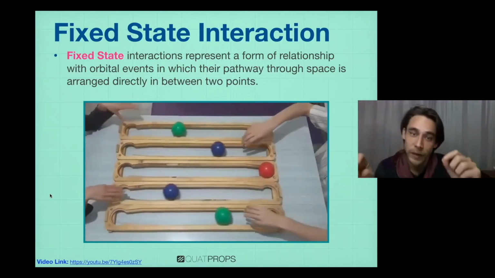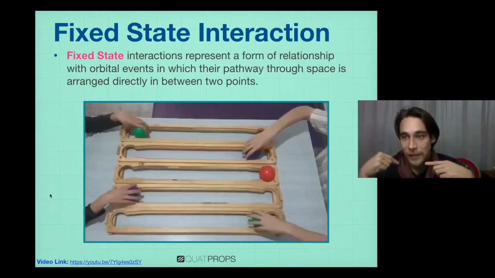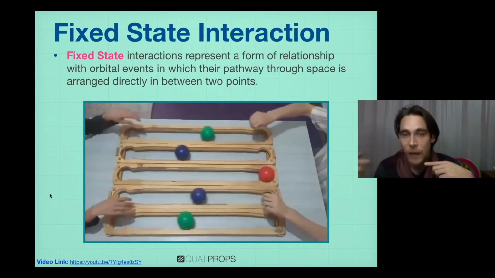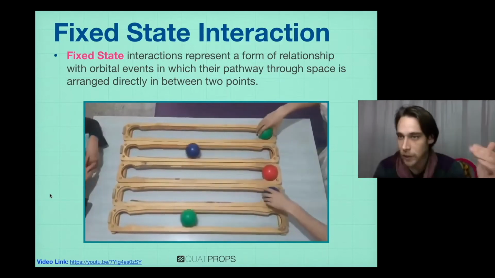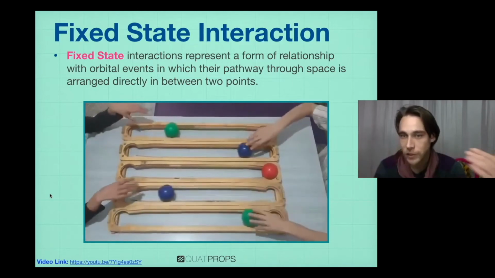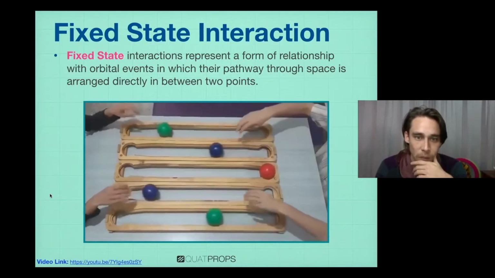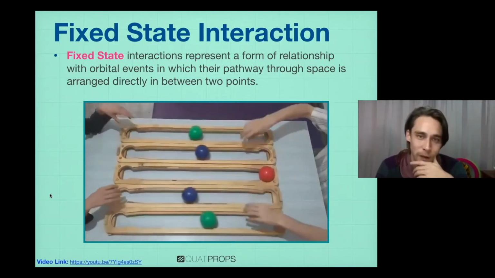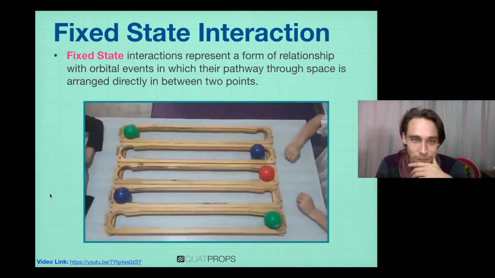What's important to understand about this structure of interaction is that because the object travels back on the same path that it leaves, I'm not able to work with more than one object per location, right? Because if I have more than one object in one location, they will interfere with each other. That's not entirely true because now we have multiplex patterns, but in general. So this represents a fixed state interaction.